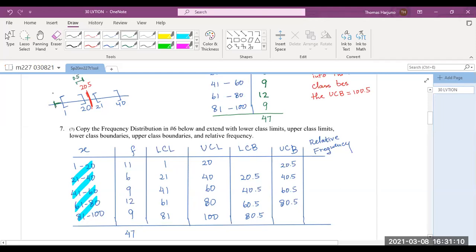We subtract by 0.5. So I will get 0.5 here. And for the upper class boundary, I adjust 0.5 from upper class limit. That's for lower class boundary and upper class boundaries. Okay, I really want to erase this.